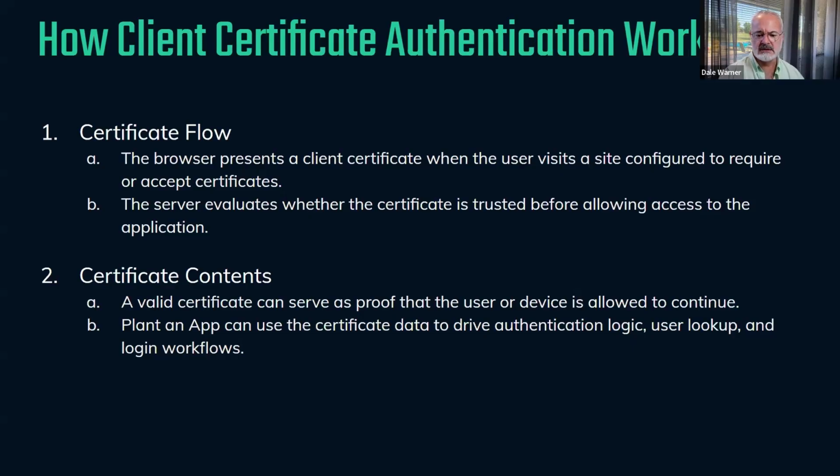We'll get into exactly what that looks like. But once it's trusted, then your application will have access to the contents of the certificate. And then at a Plant and App level, you can decide what to do, how to drive authentication logic or look up a user, or however you want to use it.